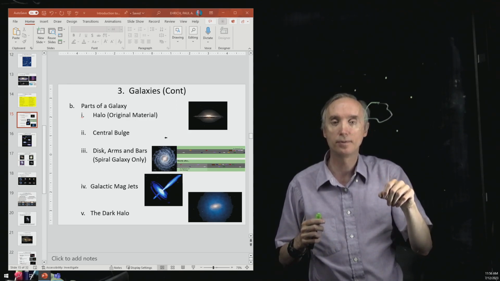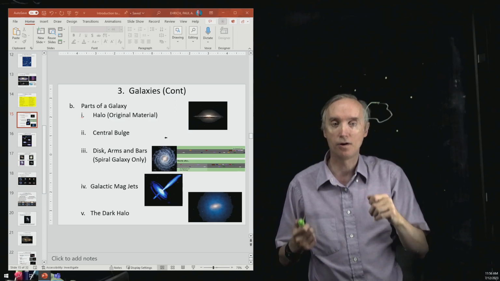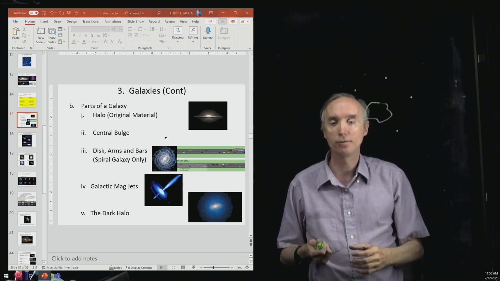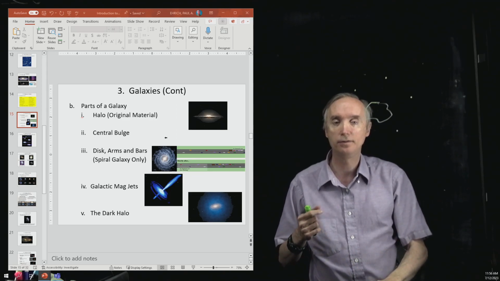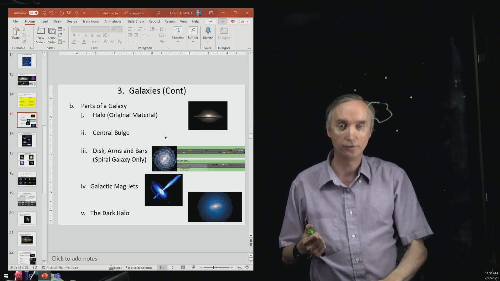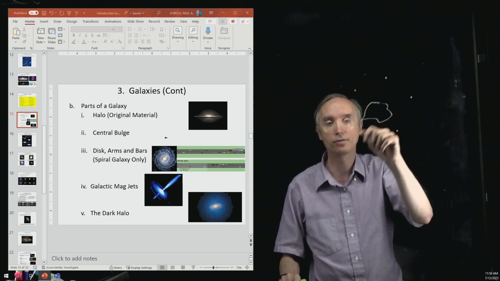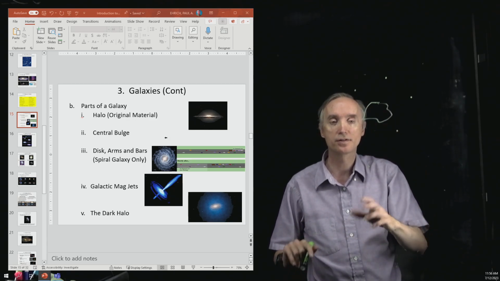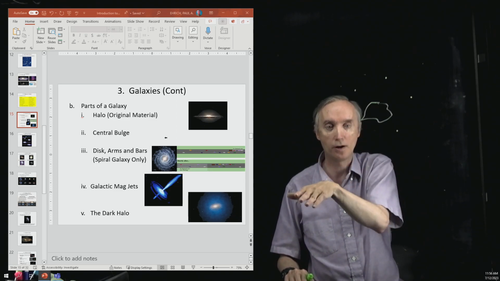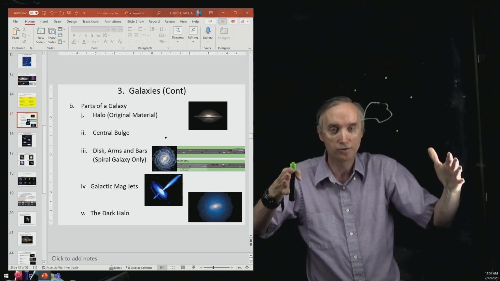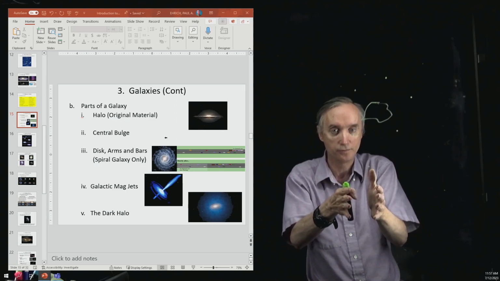Okay, so let's talk about what arms are. An arm of a spiral galaxy is a density wave. In the same way that if you take a rock and throw it into a pond, it's going to cause ripples in the pond, and each of the ripples is going to represent areas where the water is concentrated.